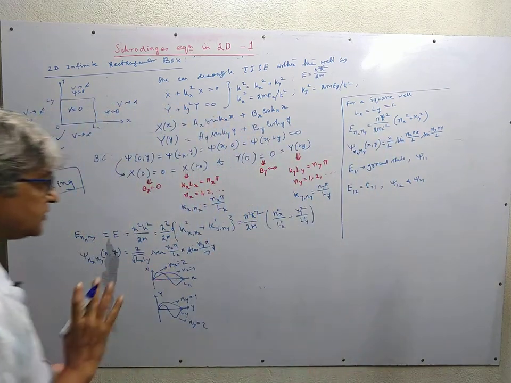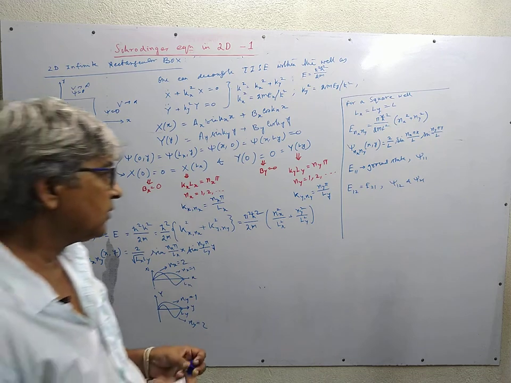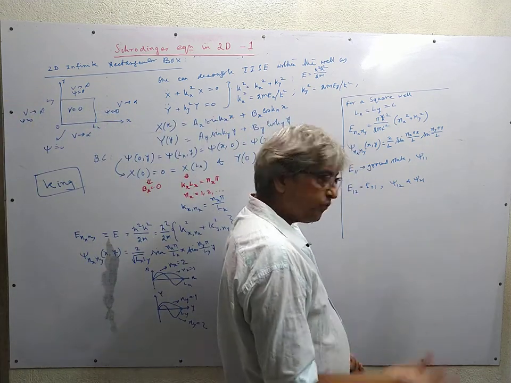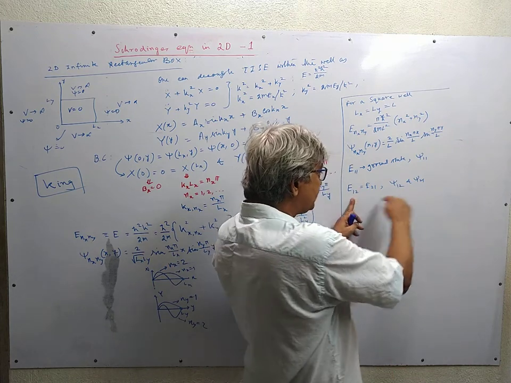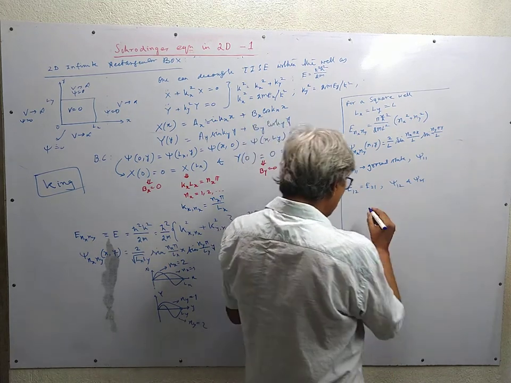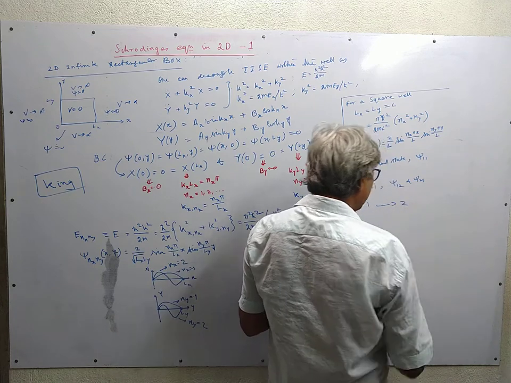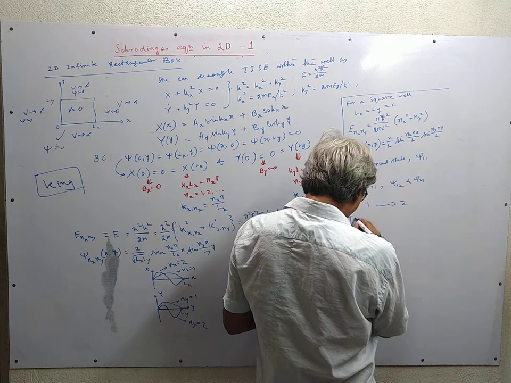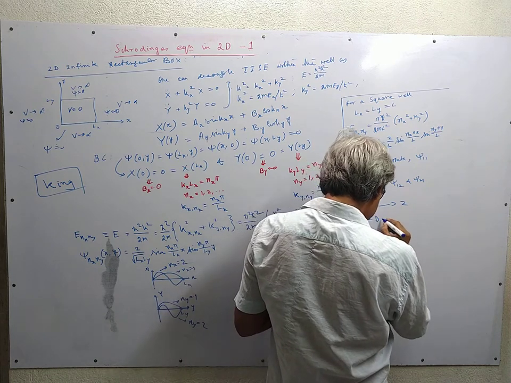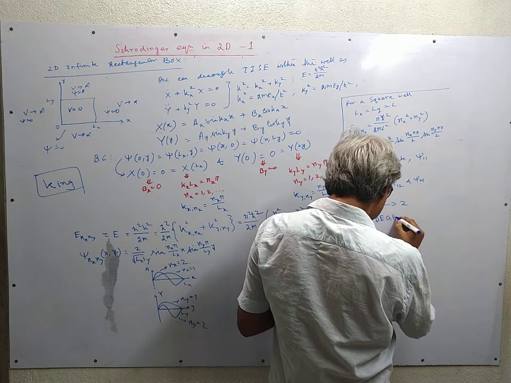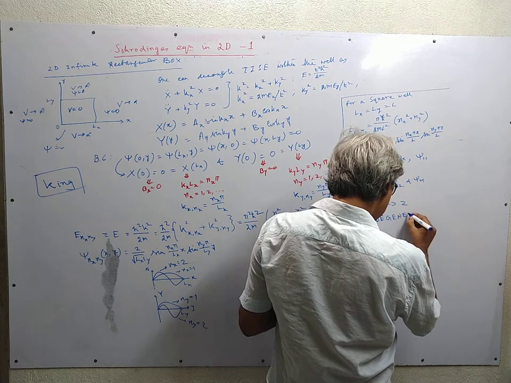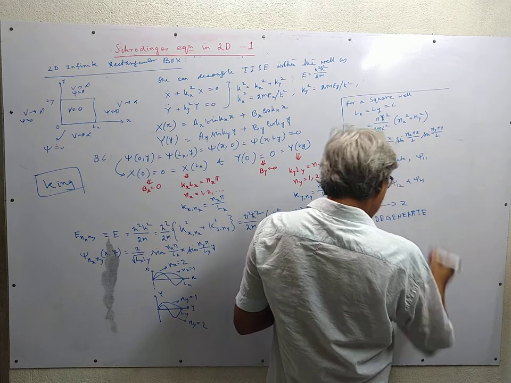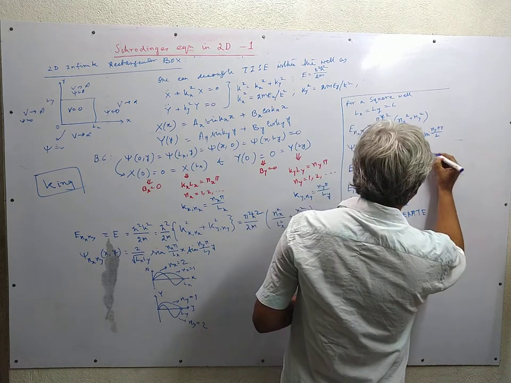So if we consider two sets, one comprising the eigenvalues and the other the eigenfunctions, then there is a 1 to 2 mapping, and we say that this energy level is twofold degenerate. And this energy level is non-degenerate.